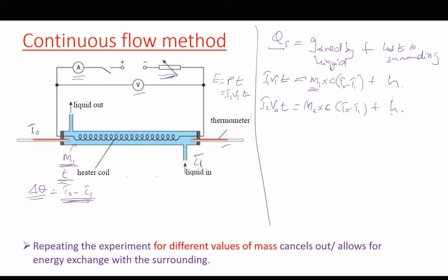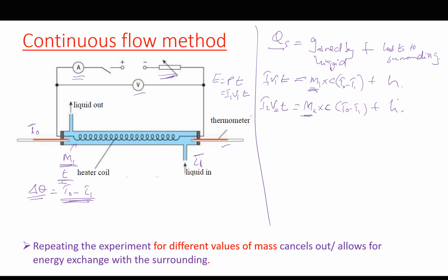So now we have two equations. Therefore, here we don't need to mind about thermal losses to the surrounding. By repeating for different values of M, I am eliminating thermal energy losses to the surrounding.